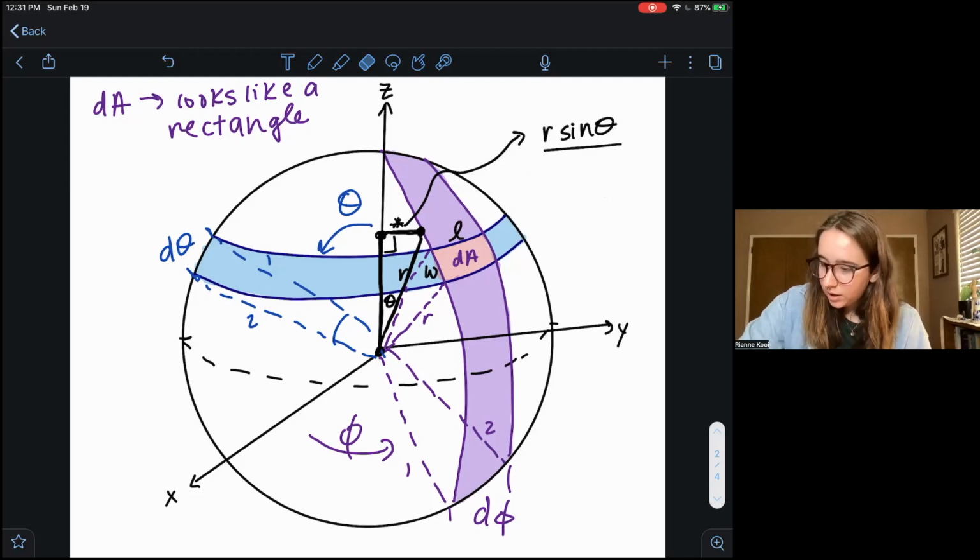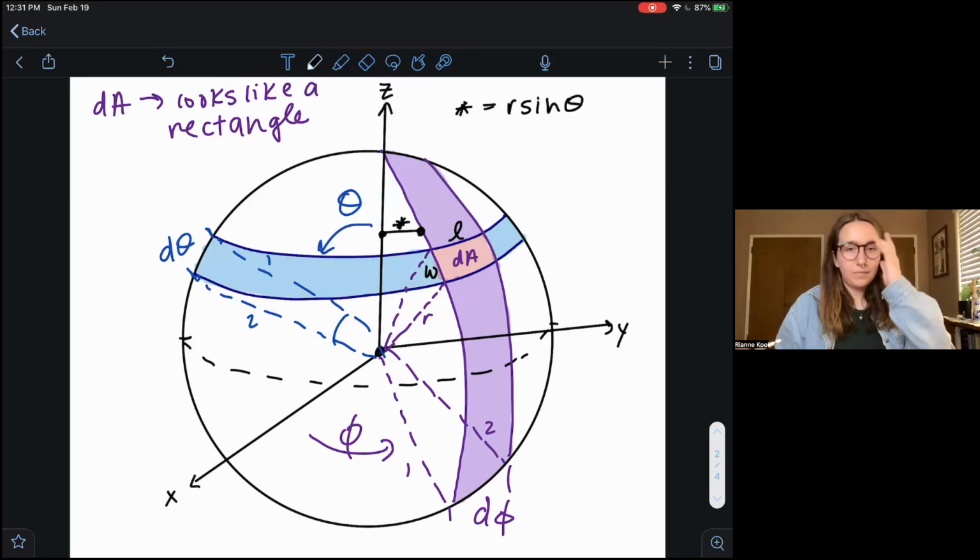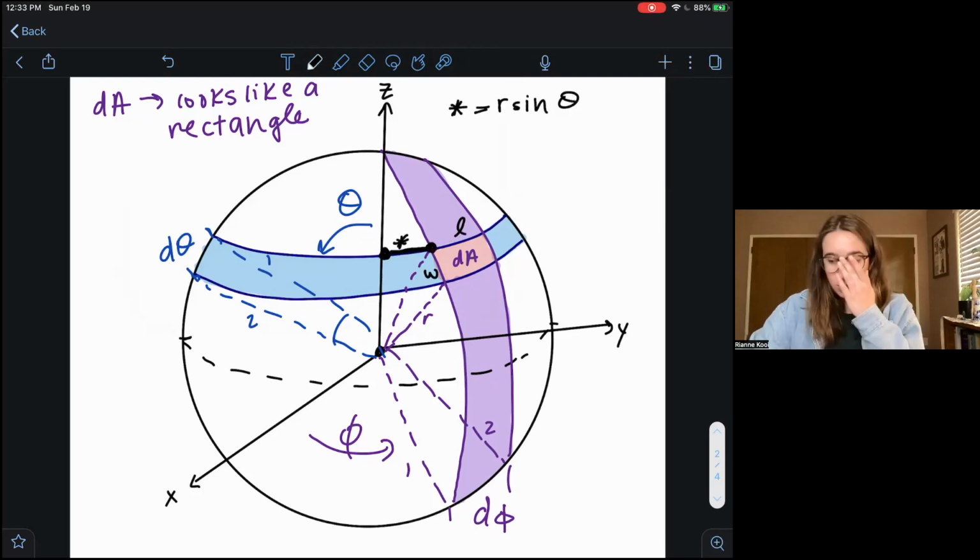So now I'm going to clean this up a bit. Okay, so now that we know that that is our r sine theta, now we can start looking at our width and our length. I redrew this a little bit so that you can see how this is working. So we decided that that starred length that I drew is r sine theta.